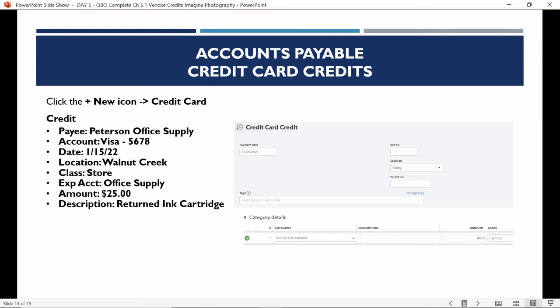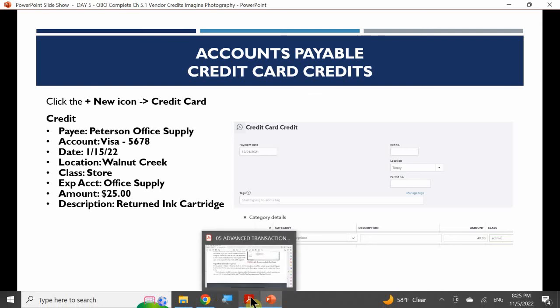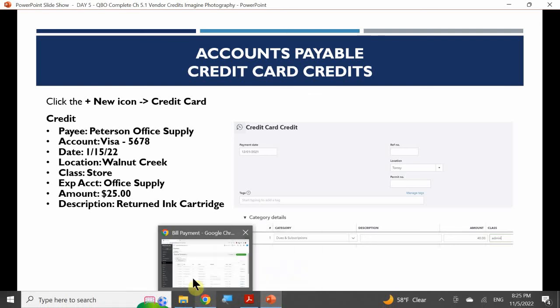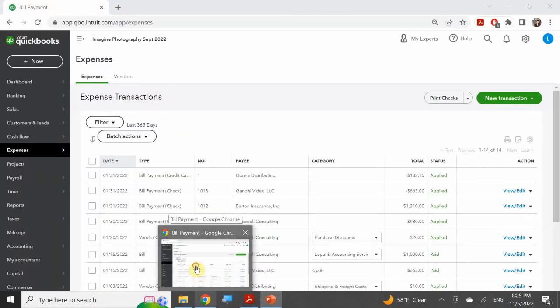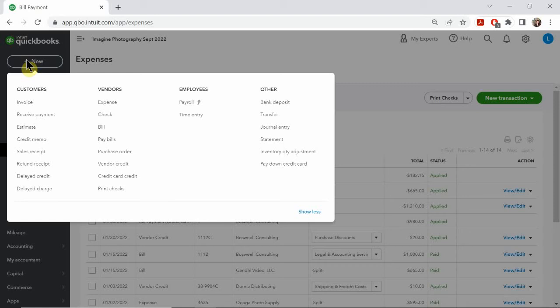But in this case, because you charged on a credit card, that is the rule of how you get a refund. It goes back to the original purchasing method that you used, right? So that's exactly what we're going to do: issue a credit card refund based on that. If you click on that New button, you do have a refund available.